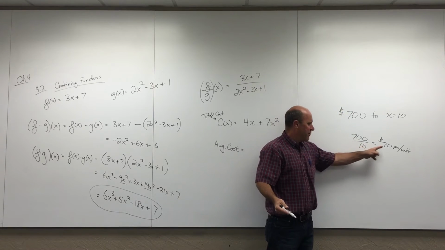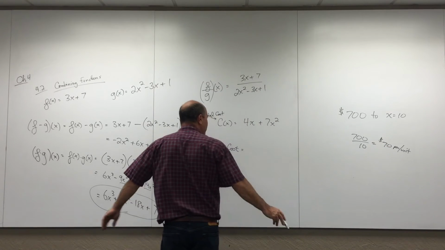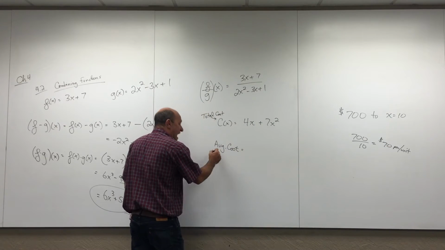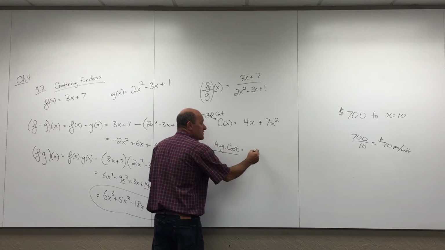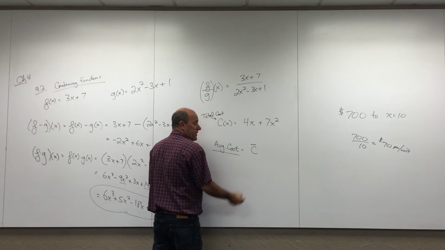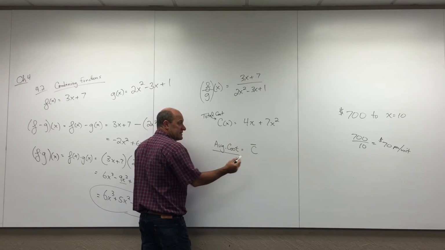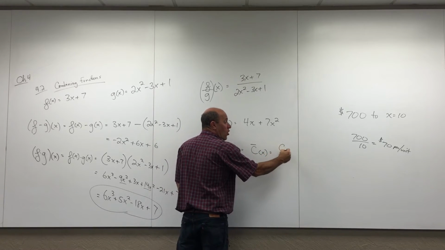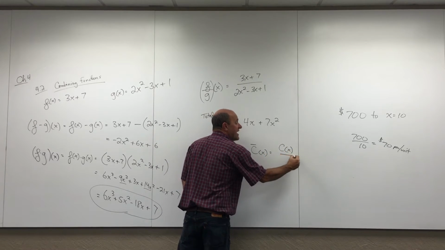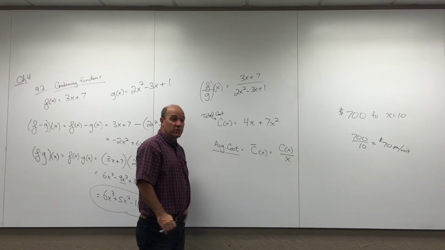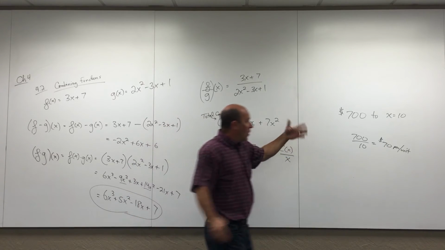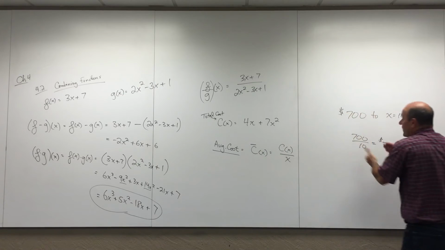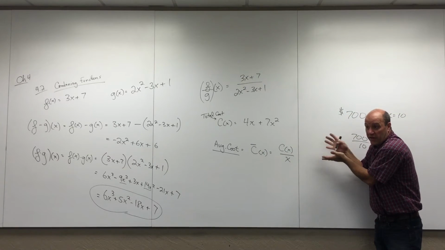So, average cost. They use this symbol. They put a bar over it to call it average cost. And here's what it is. It's the good old cost function divided by x, which is sort of what I just said. I used numbers; this is it in general, with variables.